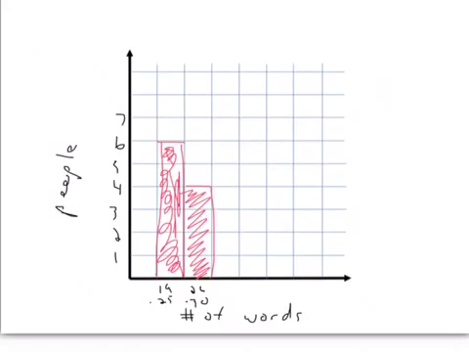My next interval was 31 through 35. 5 people fell in that interval. And then my last interval was 36 to 40, and 2 people fell in that interval. There's my histogram.